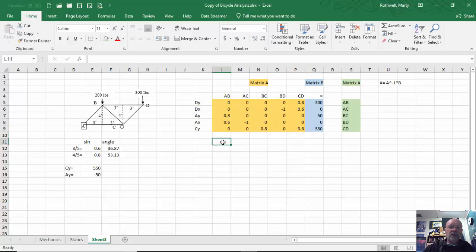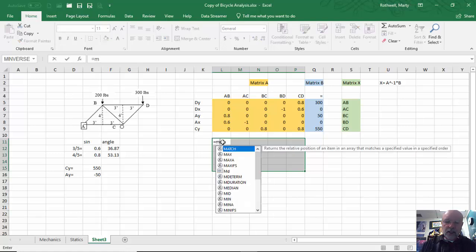Now what I want to do is create the solution. So I come down here, and the first thing you have to do is carve out the space you need. This is a 5 by 5 matrix: 1, 2, 3, 4, 5, and 1, 2, 3, 4, 5. Okay, so that's what I need. Without doing anything else, my cursor is already right here, so I'm going to make this the inverse.